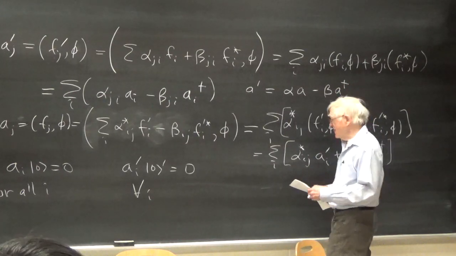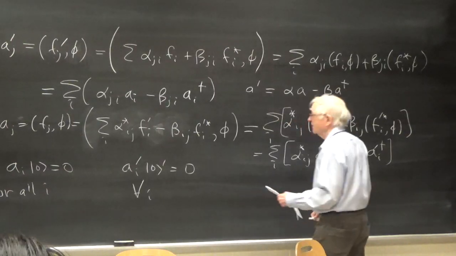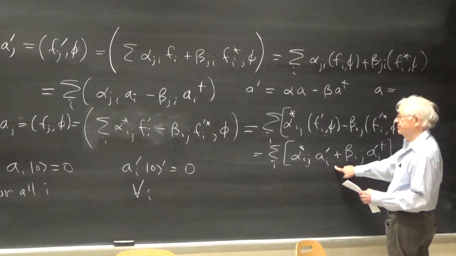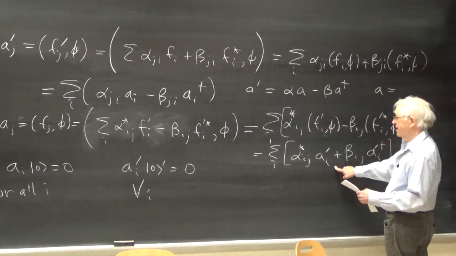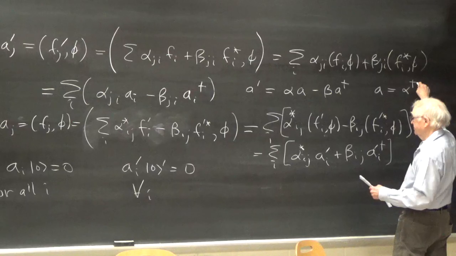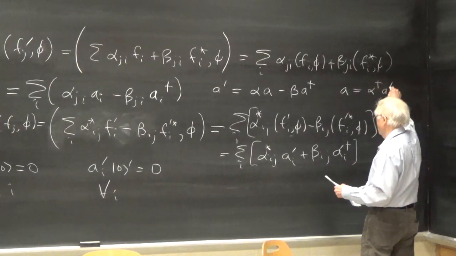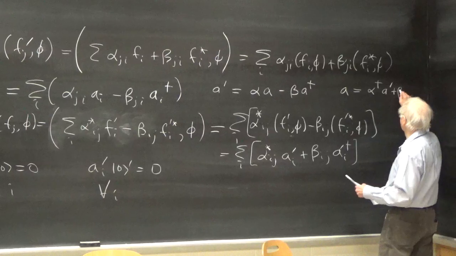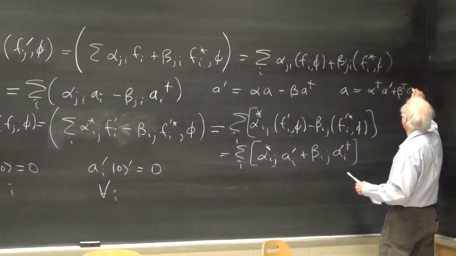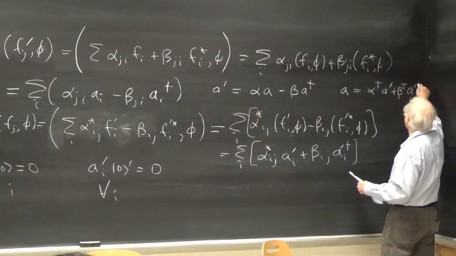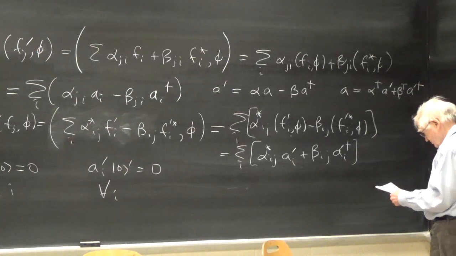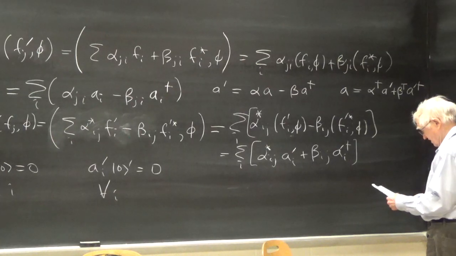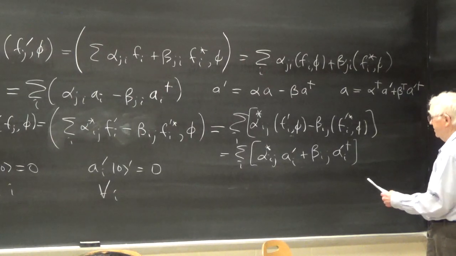And the lower equation is the vector A is equal to the vector alpha adjoint on the vector A prime plus the vector beta transpose on the vector A prime adjoint.